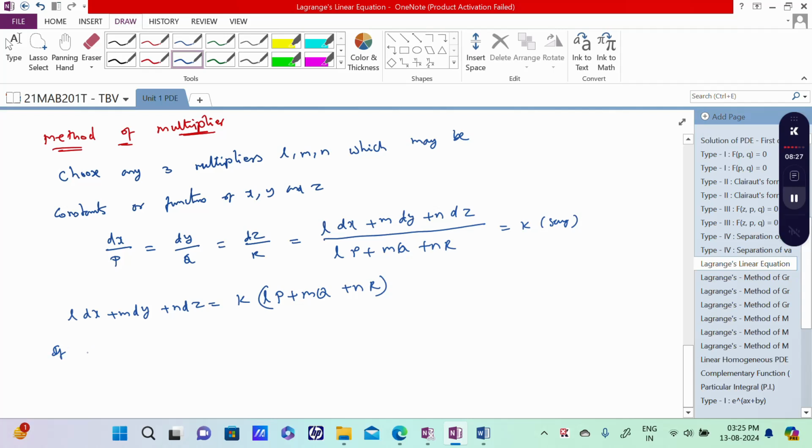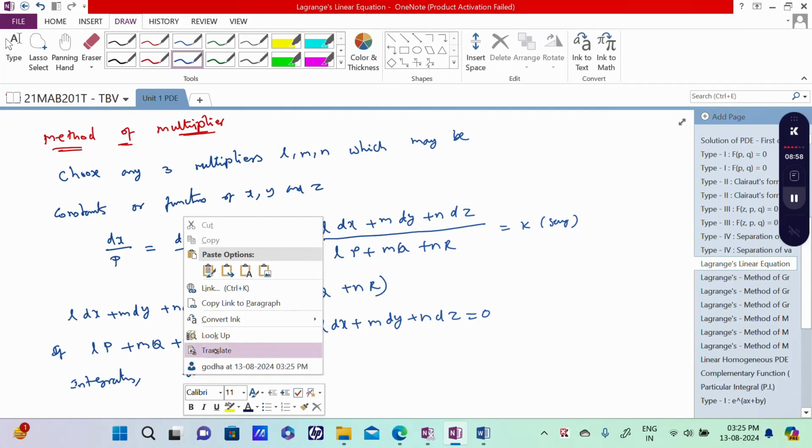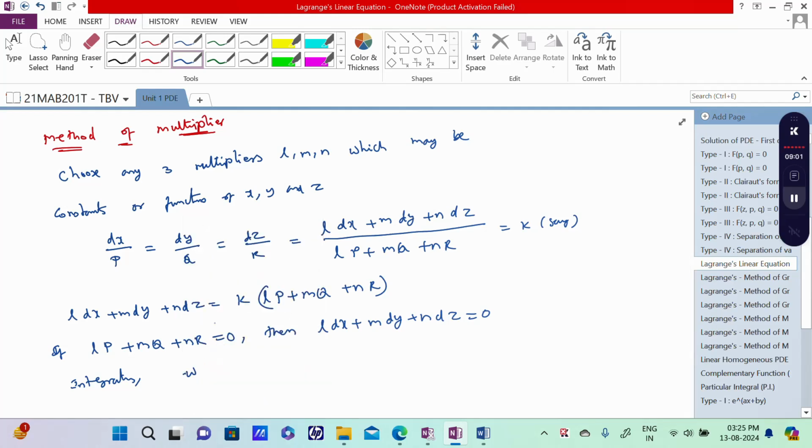If LP + MQ + NR becomes 0, then L dx + M dy + N dz equals 0. Then, by direct integration, we get the value of u of x, y, z equal to some constant.